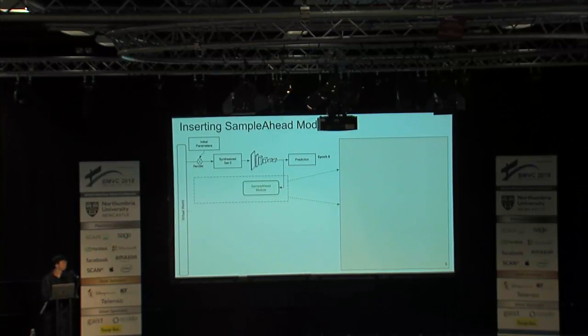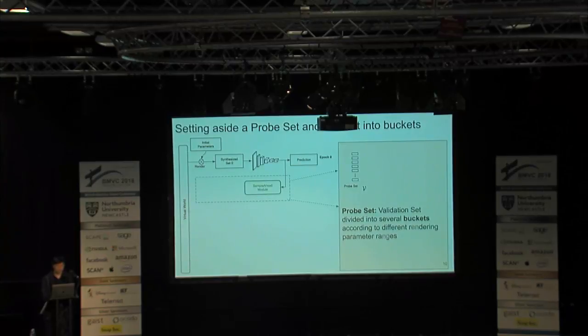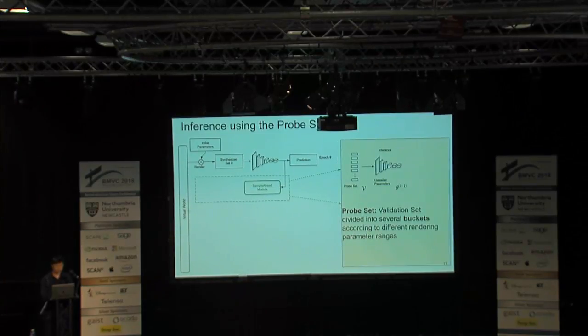First, we train the model for one epoch with the initial rendering parameters and the rendered image set. We then set aside a probe set, which can be considered a validation set, divided into several buckets according to different rendering parameter ranges. Then we forward the probe set through the frozen model at the current epoch.